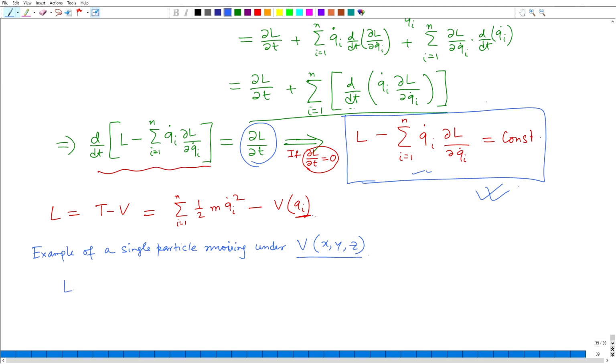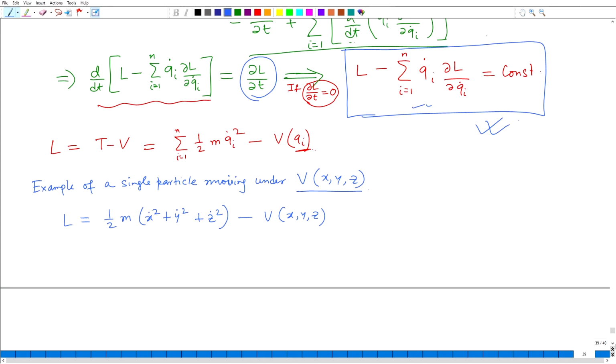So, what will be the Lagrangian? That will be half m (x dot square plus y dot square plus z dot square) minus V of x, y, z.